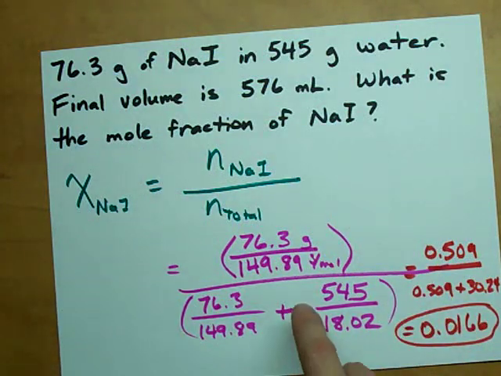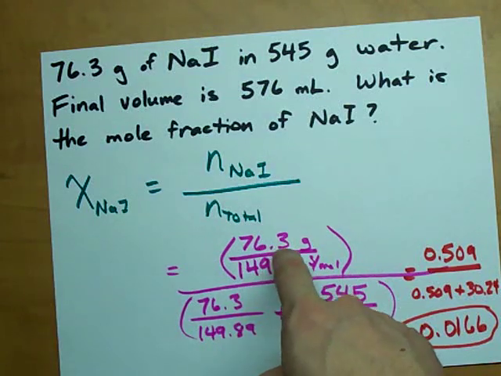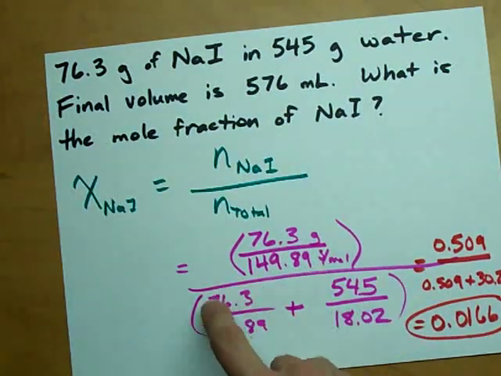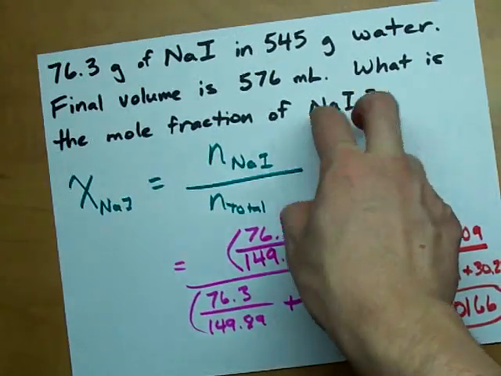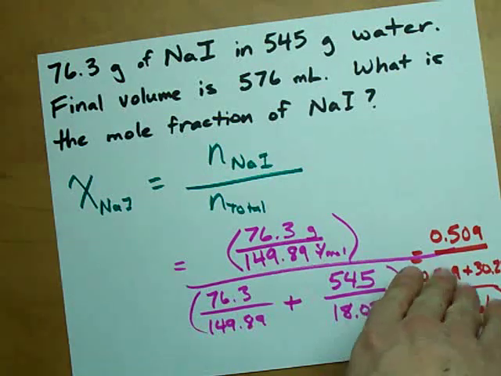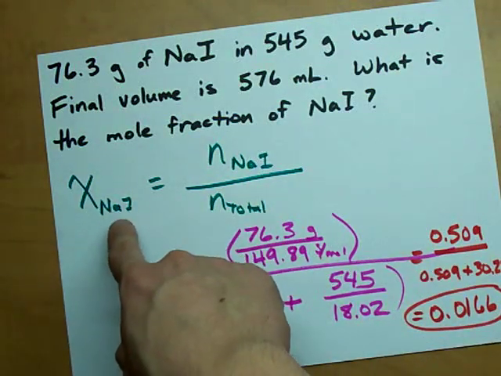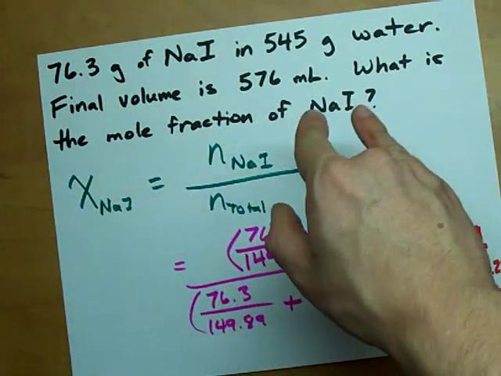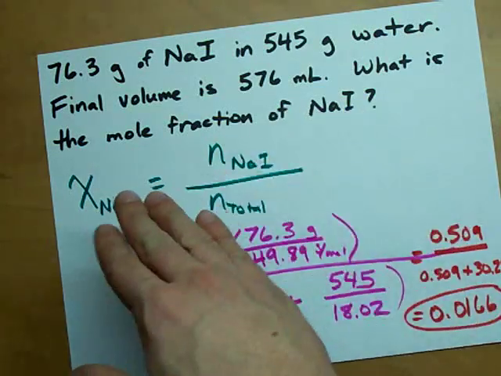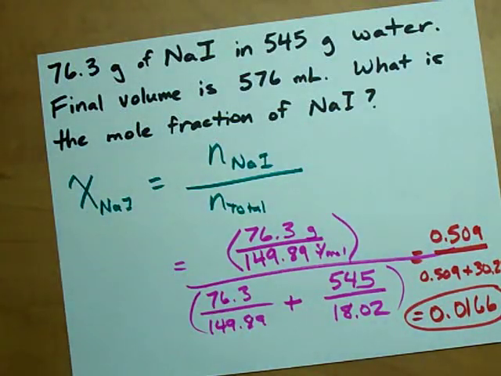And so if I had the moles of water on top here, trying to find the mole fraction of water, I would have taken this number and multiplied by 2, because I'm getting 2 ions for every 1 NaI that I'm putting in. It didn't play a role here because they were asking for the mole fraction of the original crystal, and the original crystal is one of the NaIs. It's not breaking up.